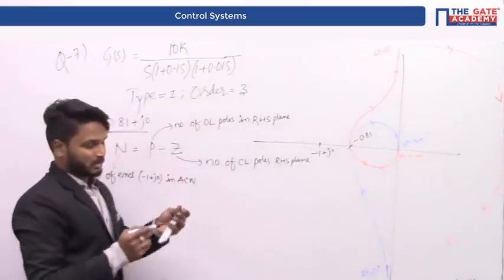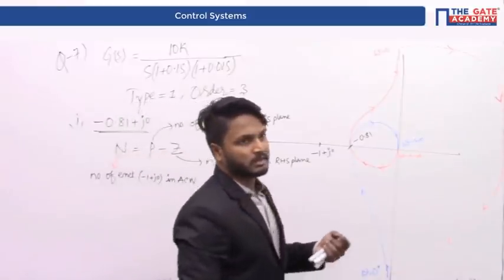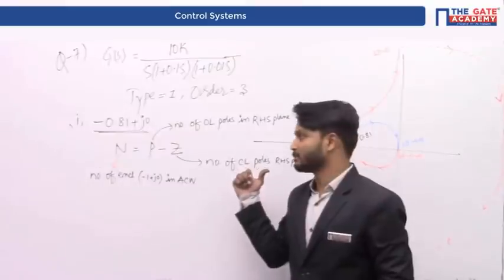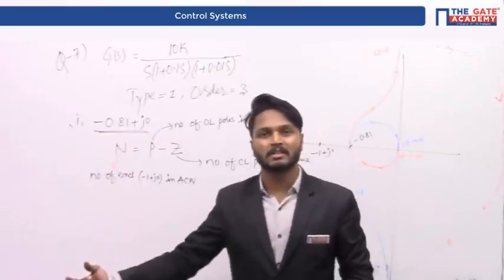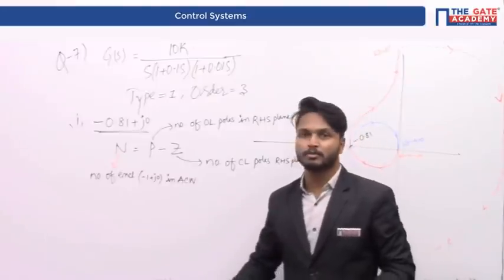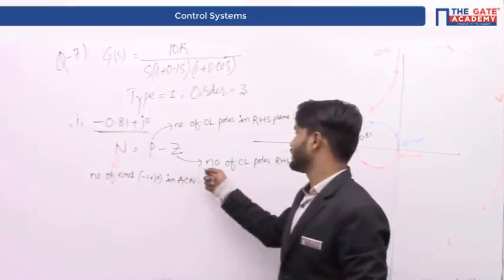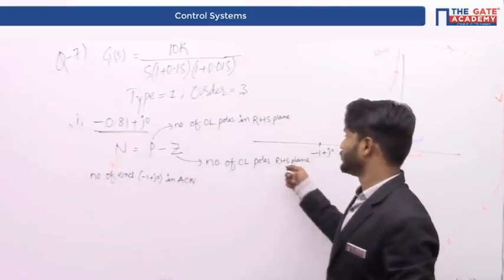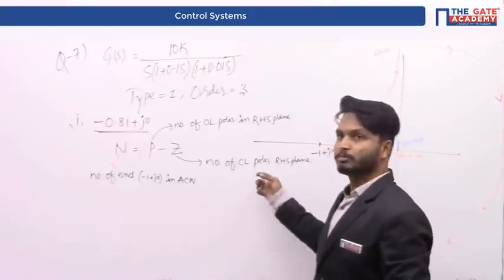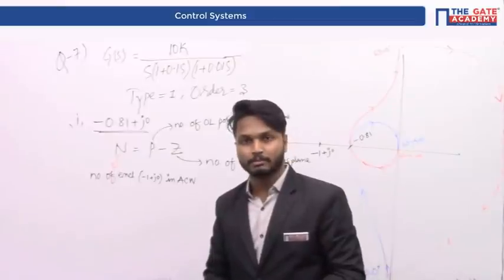Don't confuse Z with zeros. Z is the number of zeros of the closed loop characteristic equation lying in the right half of S plane. Zeros of the characteristic equation means poles of the closed loop system. Therefore, Z is the number of poles of the closed loop system lying in the right half of S plane.